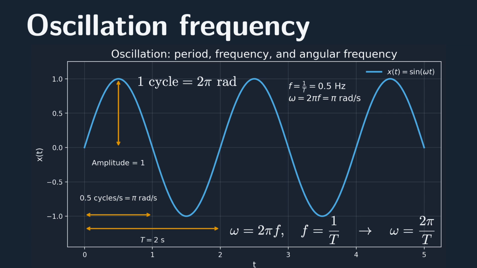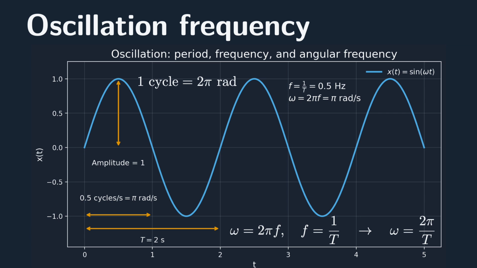That means the frequency is f equals 1 over T, which is 0.5 cycles per second. Since one full cycle is 2 pi radians, half a cycle per second corresponds to pi radians per second. So, in this example, omega equals pi radians per second.